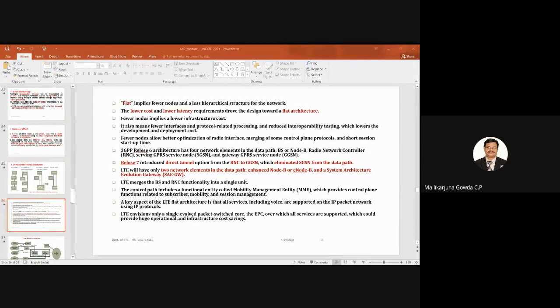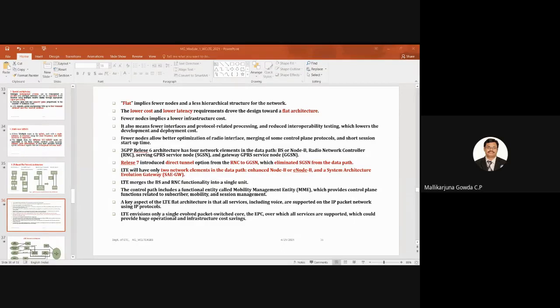The packet can take any path from source to destination. Data will be going in terms of packets, so the packets can be reordered also. As a receiver, they can be received in different orders, but later on they will be arranged in proper order, and the right information will be recovered.